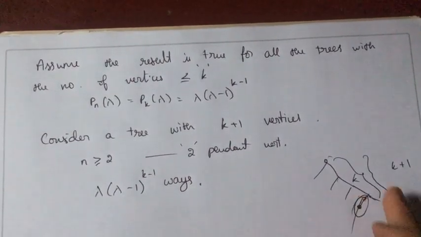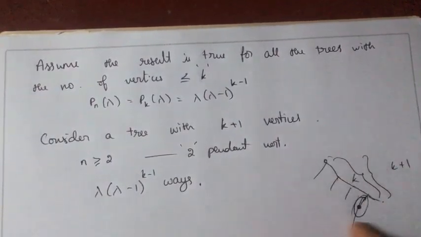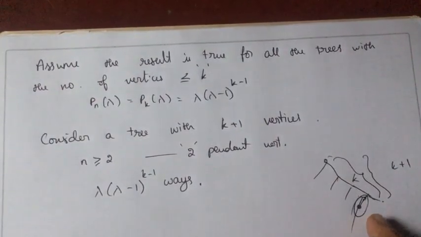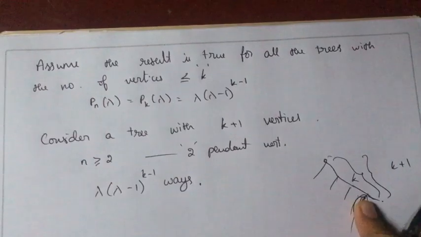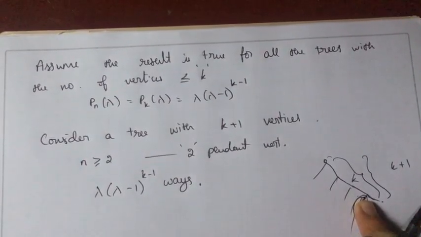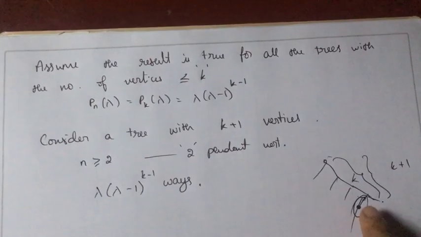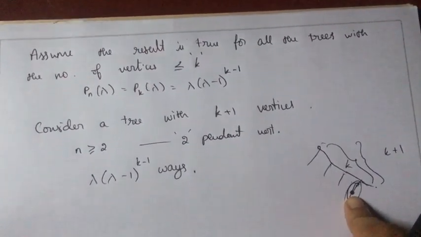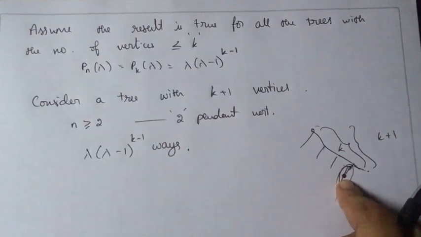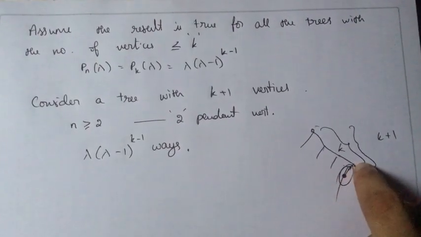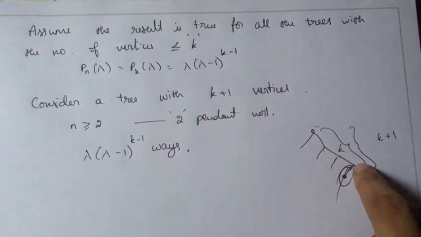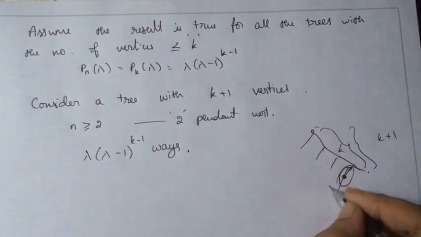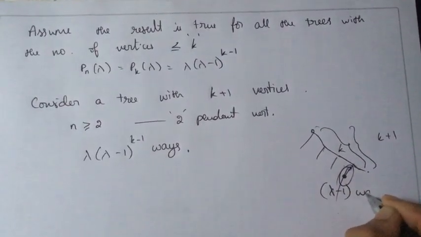Now after coloring all these vertices, I'll attach the pendant vertex along with the edge. What happens? Now this pendant vertex, when I attach it, I cannot give it the color which is already assigned to the vertex it is attached to. So the pendant vertex can be colored in lambda minus 1 ways.